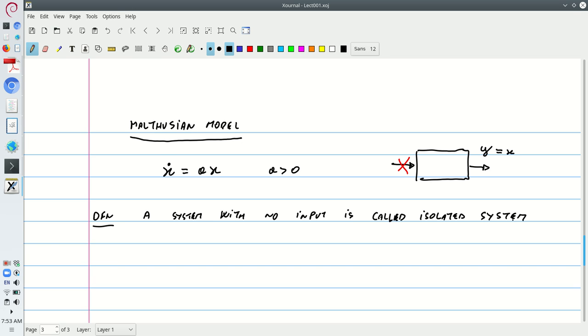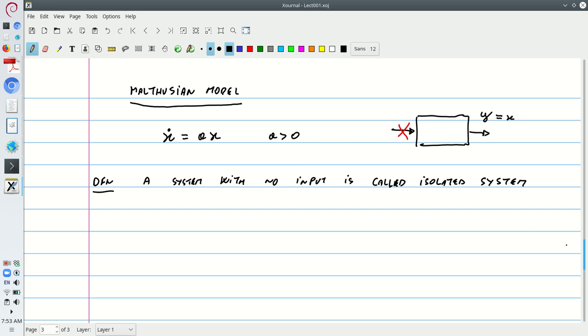We can only watch them do what they are going to do. That doesn't mean that they are not interesting, and also they are not useful to understand other things. So far we are considering this Malthusian model, and later on in this course we are going to add an input to it.